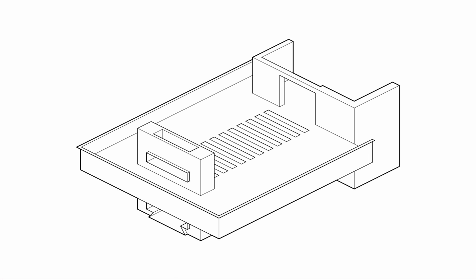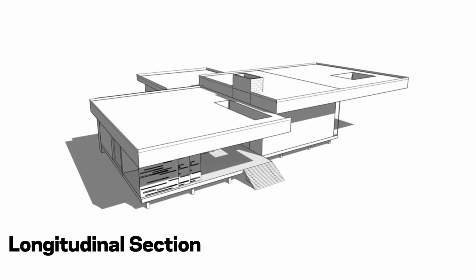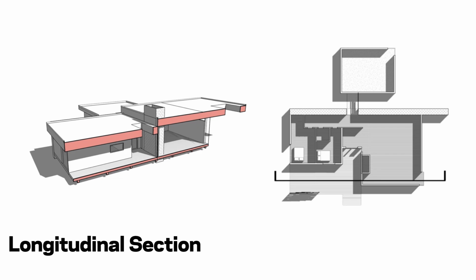The best way to think about cutting a section is to think about slicing a building in half. Now that's called a longitudinal section, and really what that would mean is that you're cutting through the long part of the building, the longest side.